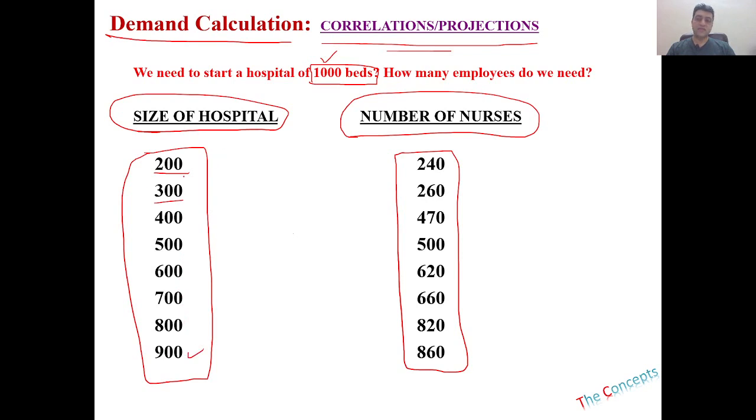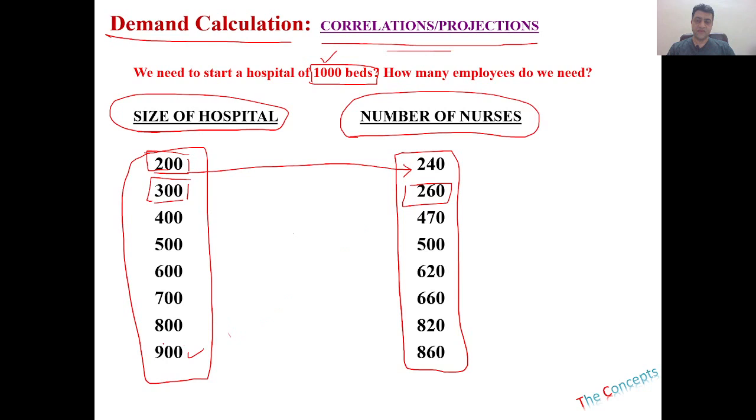Accordingly, this is what the data is telling us already, that 240 nurses are enough to operate in a hospital where there are 200 beds. Where there are 300 beds, the number of nurses needed are 260.